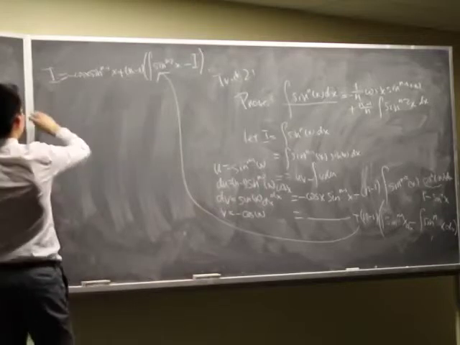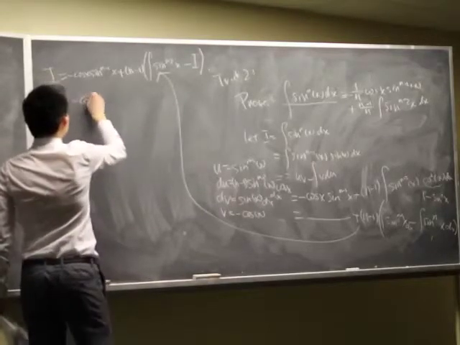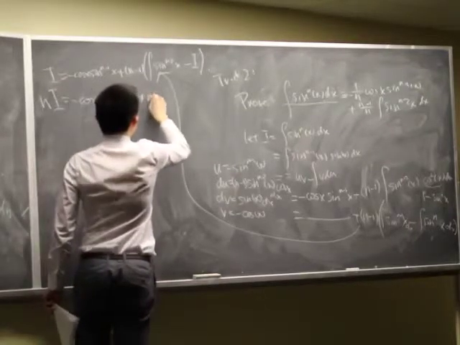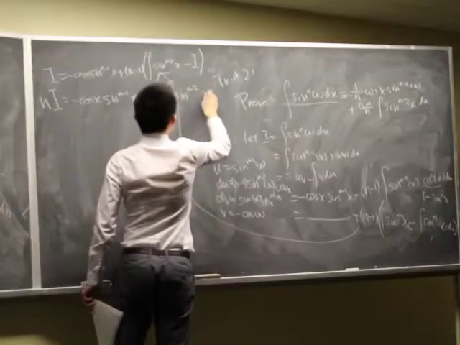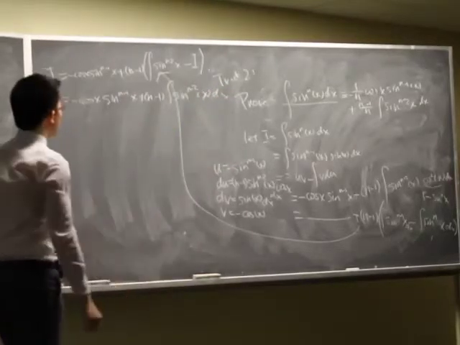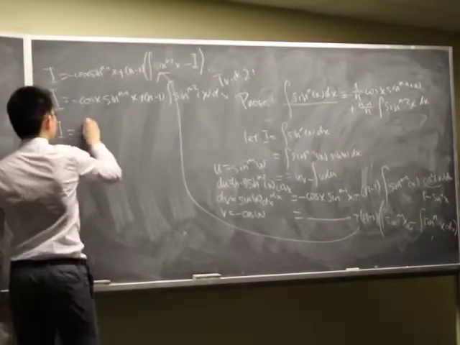Moving the I to one side, I get nI is equivalent to negative cos x sin^(n-1) x plus (n-1) integral of sin^(n-2) x. Dividing both sides by n, I finally get what I want.